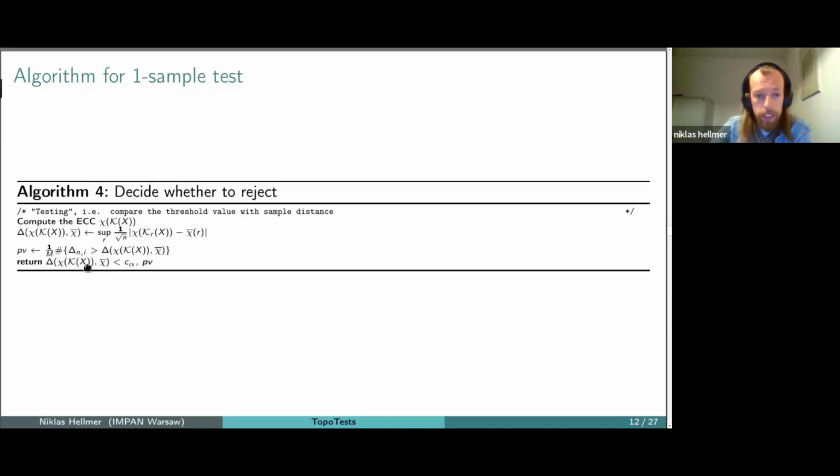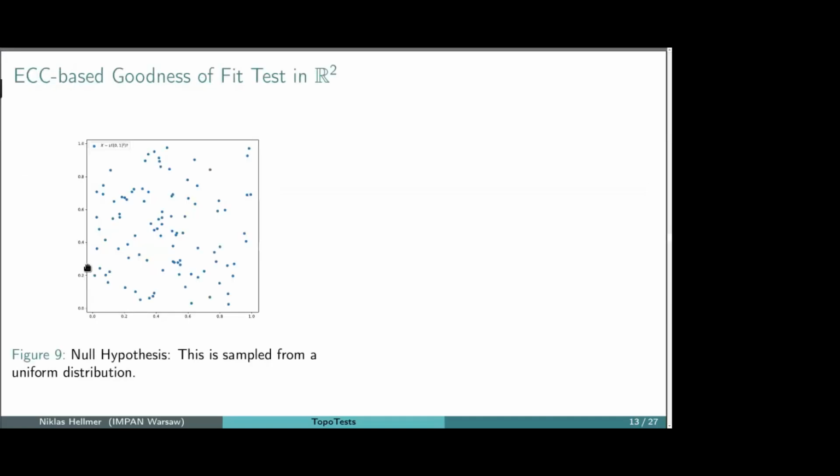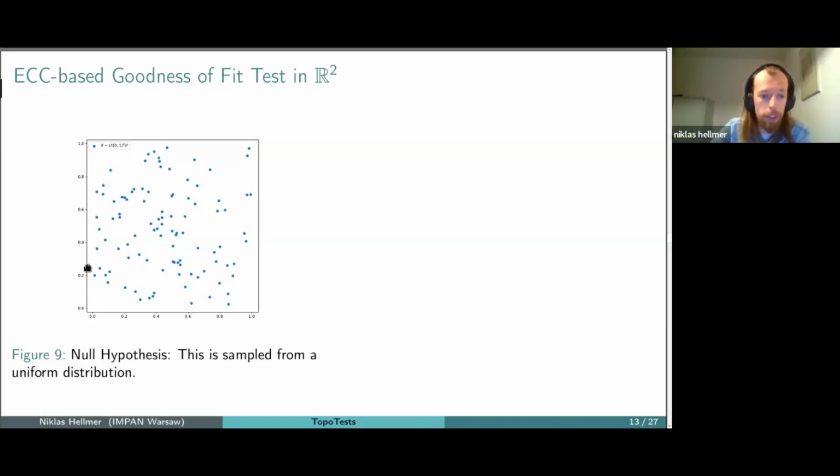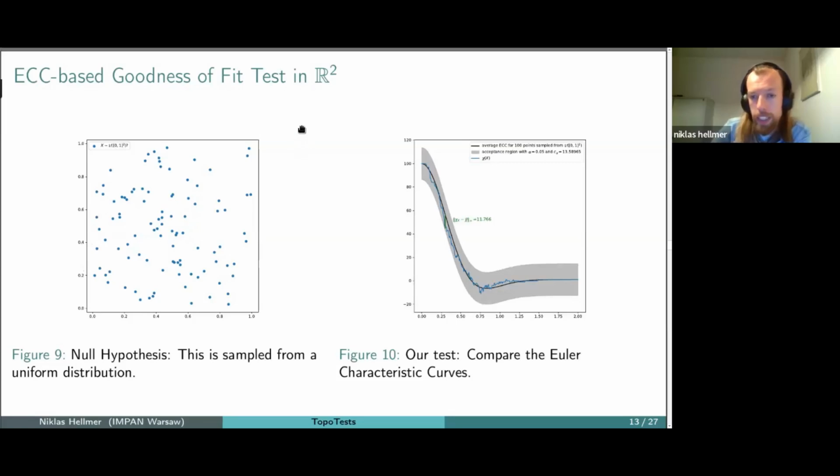Okay. Now, maybe this will become clearer in an example. And this is the analogous example to the one I've shown you in the very beginning. So now in 2D. So again, our null hypothesis is that this was sampled from a uniform distribution. And so what I do is I have the average ECC, which is in black here, which is computed as an empirical mean using 1000 iterations.